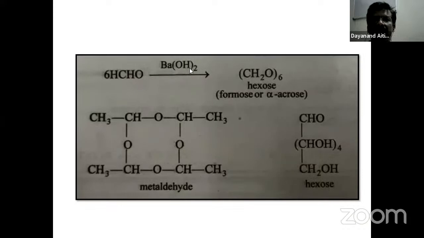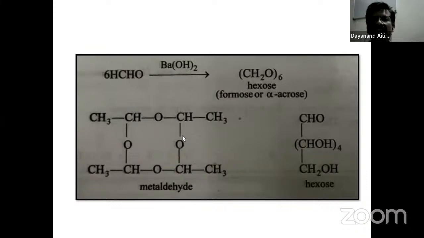Formaldehyde in the presence of barium hydroxide gives a hexose, a sugar. Hexose sugars are formed. Metaldehyde is also formed, for example from acetaldehyde, CH3CHO, on polymerization.